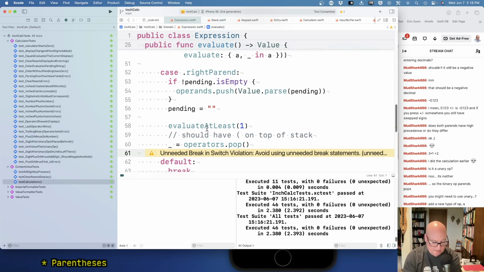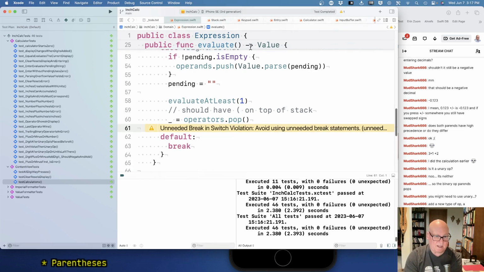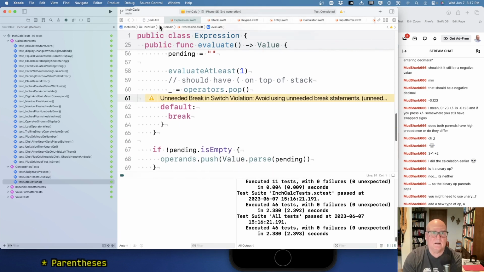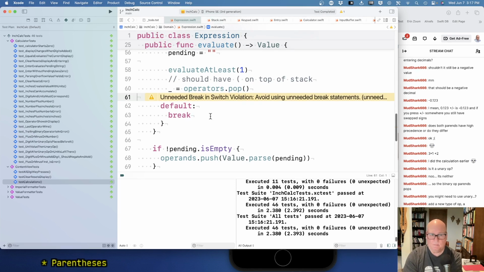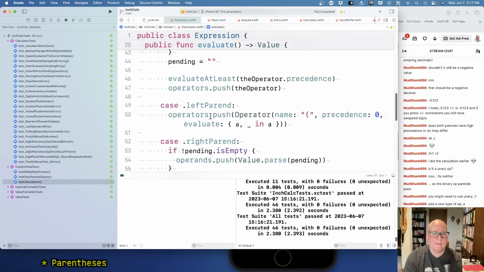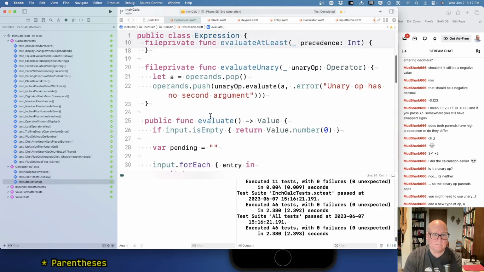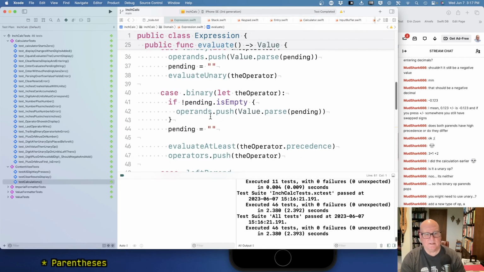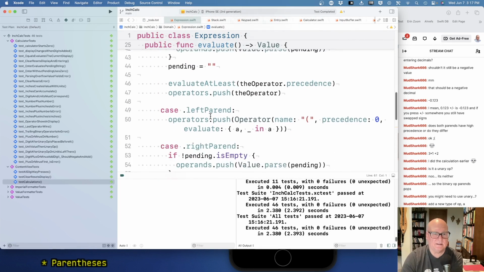That feels right. And then you should have a left paren on top and catch the error. Okay. Well, I'm sorry, pop it off and you're done and move on to the rest of the expression. All right.